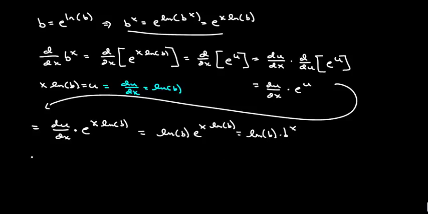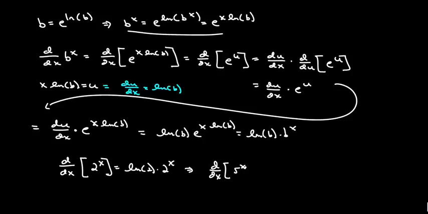Okay. So what we have is, if we want to take the derivative of, let's say, d dx of 2 to the x, this will be equal to the natural log of 2 times 2 to the x, just like that. If we want to take the derivative of 5 to the x, that's just going to be equal to the natural log of 5 times 5 to the x.